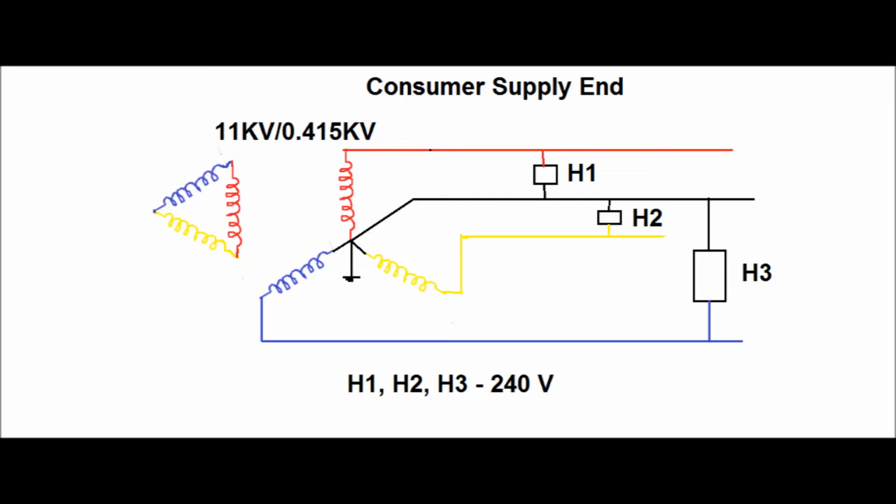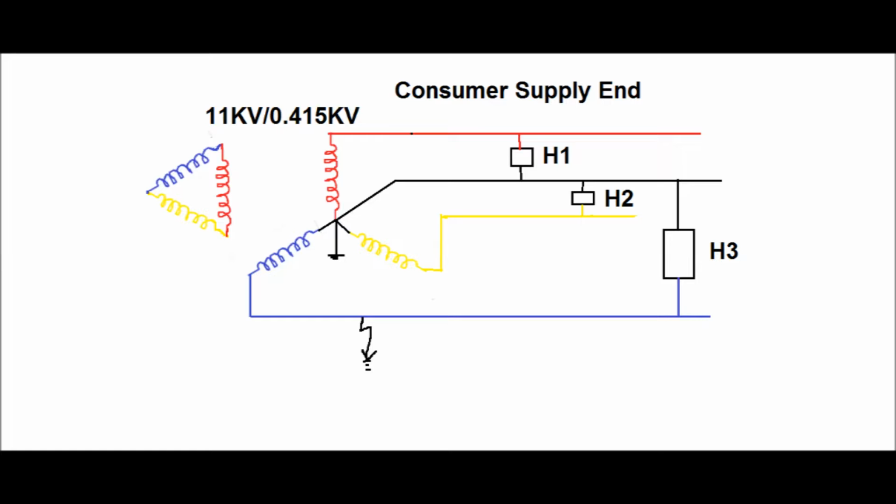Here H1, H2 and H3 are three households, connected to the red phase, yellow phase and blue phase respectively, and one neutral is connected for each household. Since the secondary voltage of the transformer is 415 volt, the phase to neutral voltage is 240 volt for each household.